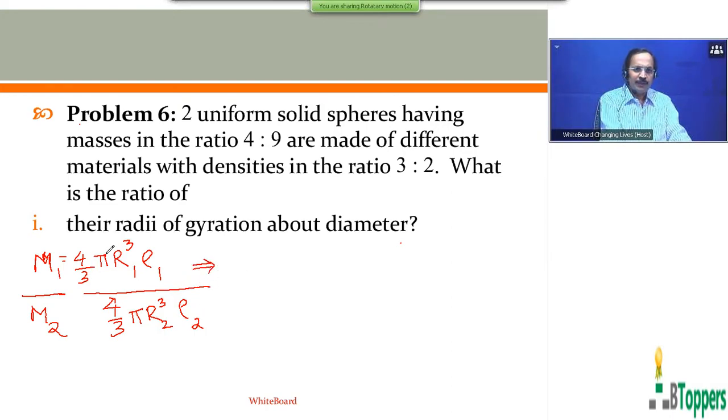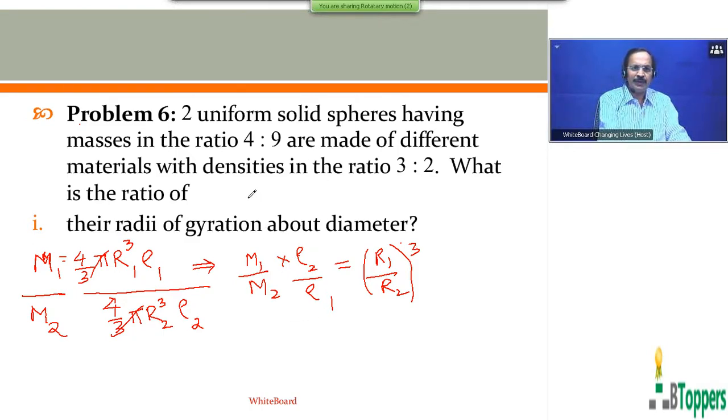So 4 pi by 3 gets cancelled. So m1 by m2 into rho2 by rho1 will be equal to r1 by r2 whole cube.